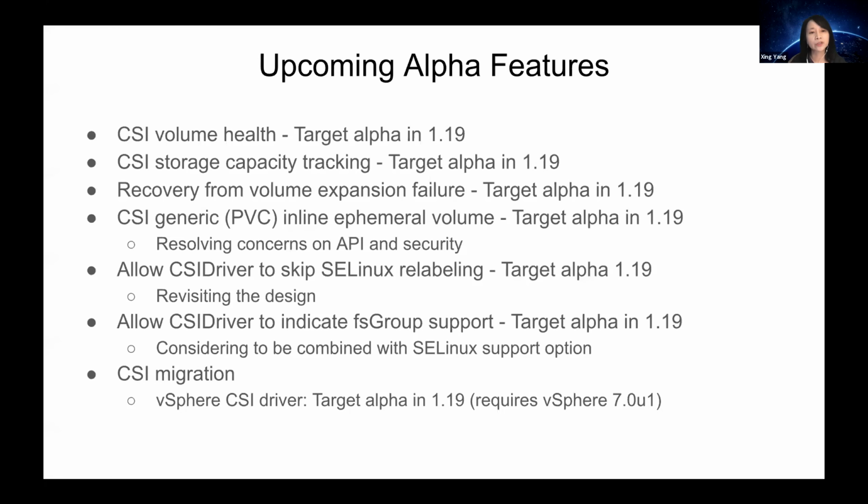So the user can look at those events and decide what to do with those volumes. Right now, without these events, after a volume is provisioned, Kubernetes does not communicate with the storage system anymore to see whether the volume is healthy or not. So this should be very helpful.